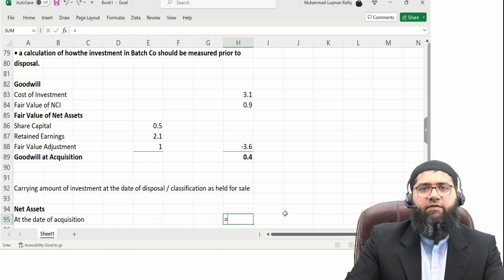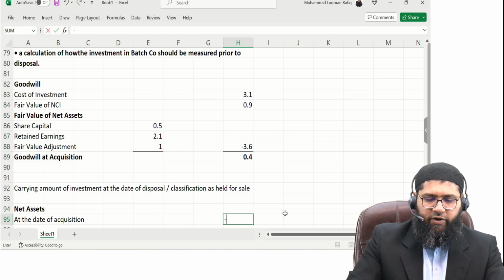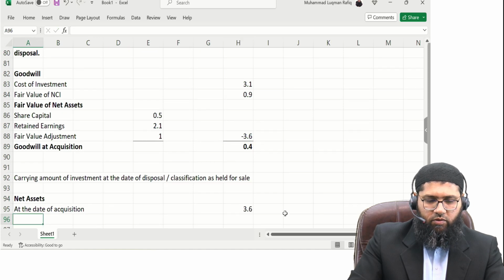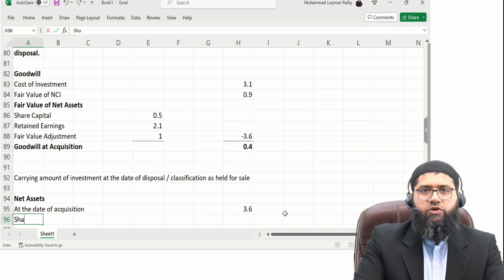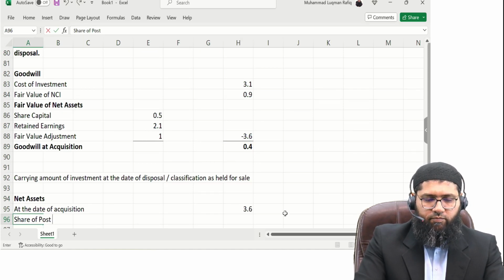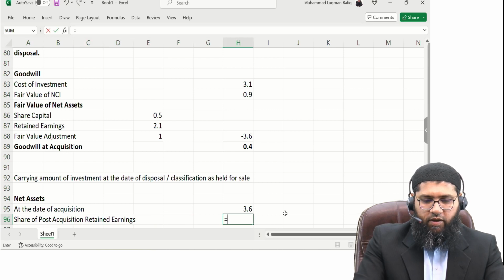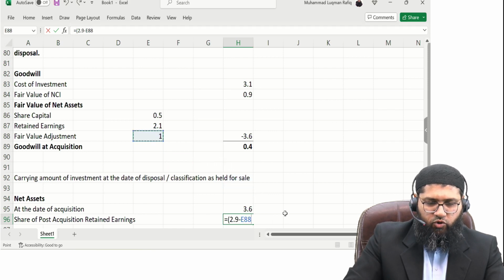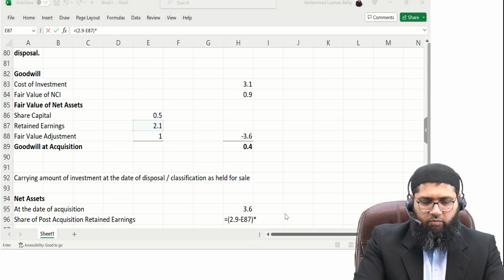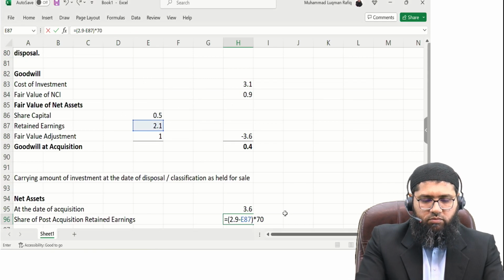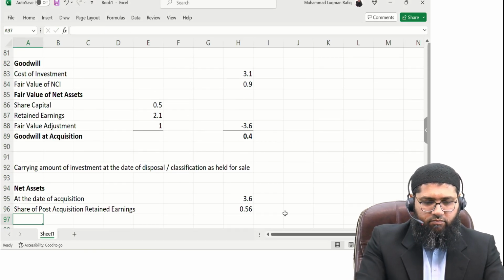So at the date of acquisition, the net assets were 3.6 million. Share of post acquisition retained earnings is going to be 2.9 minus the 2.1 multiplied by 70%.